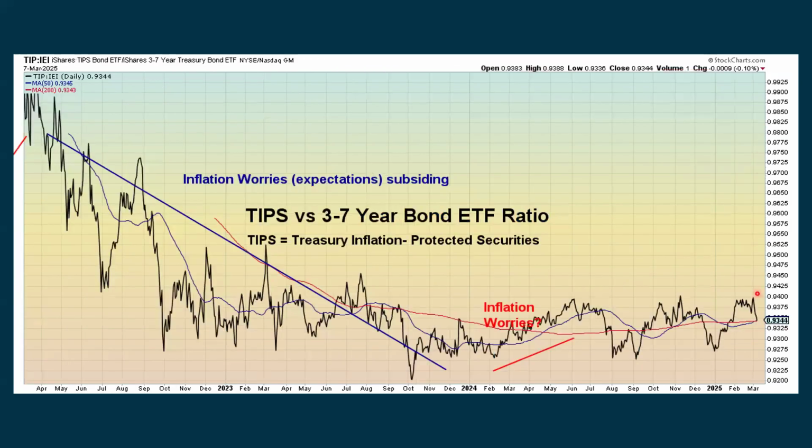And we're seeing a little bit of a pullback here with TIPS. Now, these are Treasury inflation protected securities. These are what folks get into when they're worried about interest rates going up and inflation going up. And they tend to outperform bonds because bonds have a fixed rate where TIPS can adjust. Well, we were seeing some concern here that the TIPS were outperforming 3 to 7 year bonds, but lately that has been pulling back.